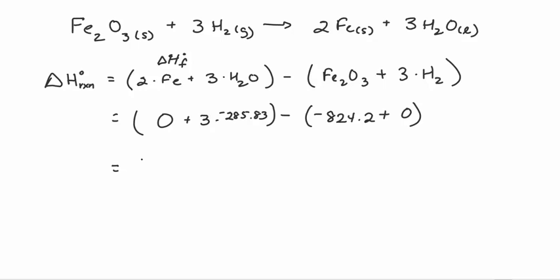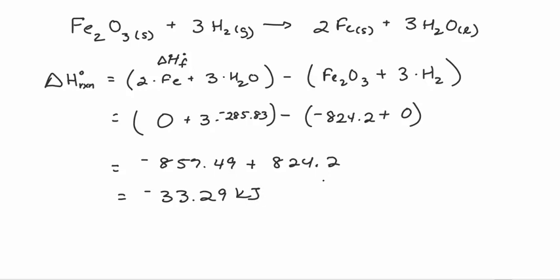So when I perform this operation, 3 times a negative 285.83, I get a negative 857.49. And I'm going to subtract a negative, which means I'm going to be adding 824.2. So when I perform this, I get a negative 33.29 kilojoules, and really that should be to the 10th place. And that is exothermic.